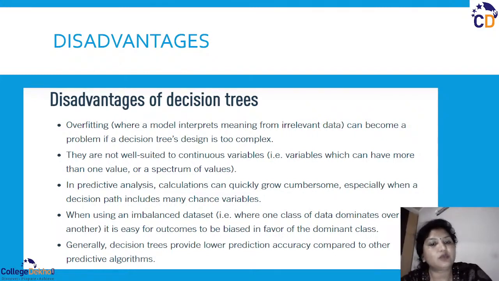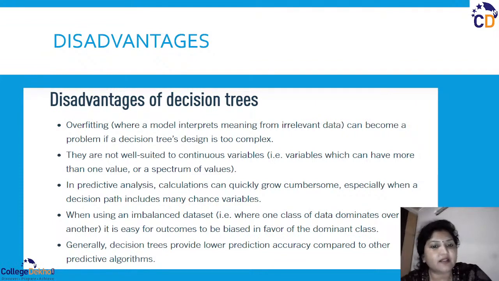They are not well suited to continuous variables which can have more than one value, a spectrum of values. So yes, sometimes it happens, but not all the time, because it can be used for regression problems as well. When we have more than one variable, more than one value, it sometimes becomes complex.